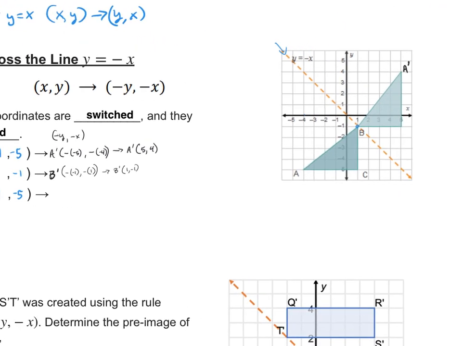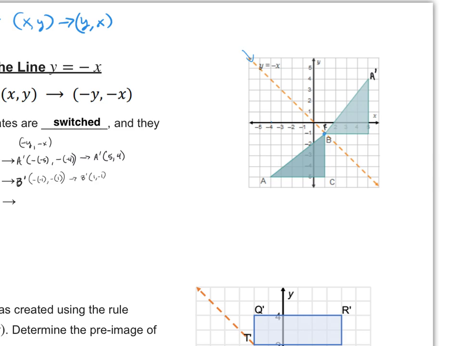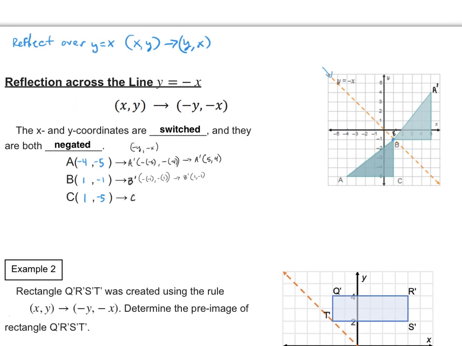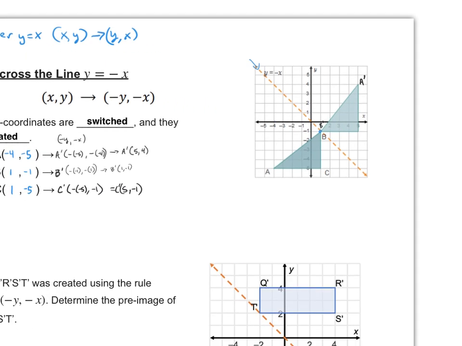And if I come over here and look, B prime is the same location. So if your image and pre-image points do not change, that just means it's on the line of reflection. And then here, C prime is going to be -5 and then -1, so C prime is equal to (5, -1). And this is C prime.